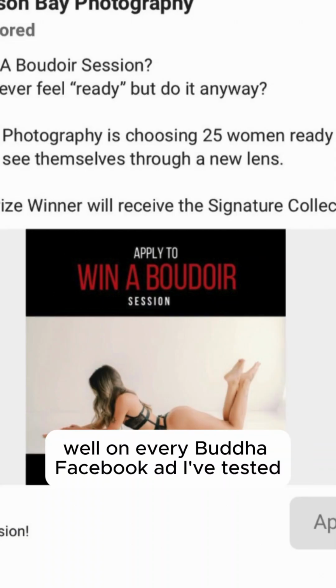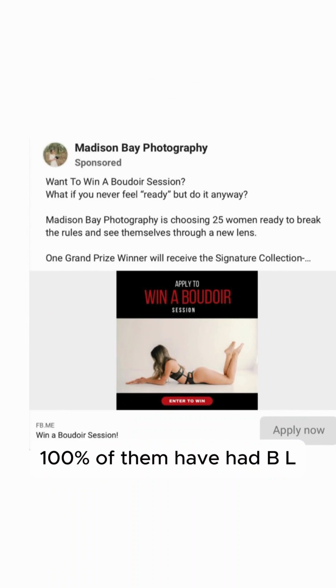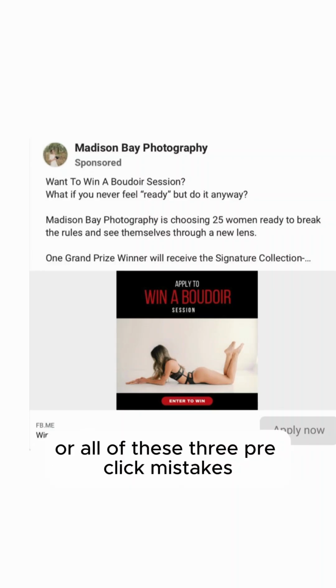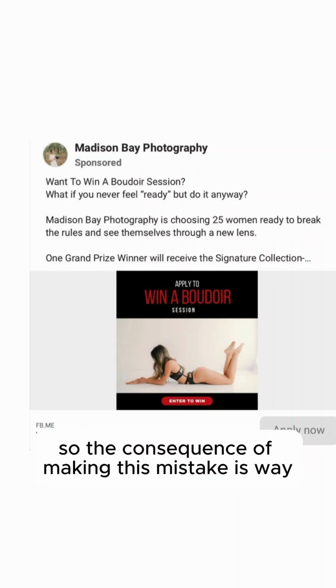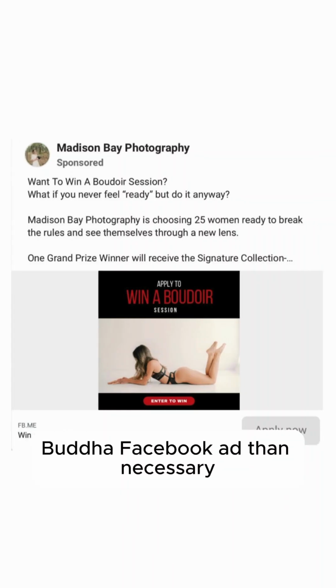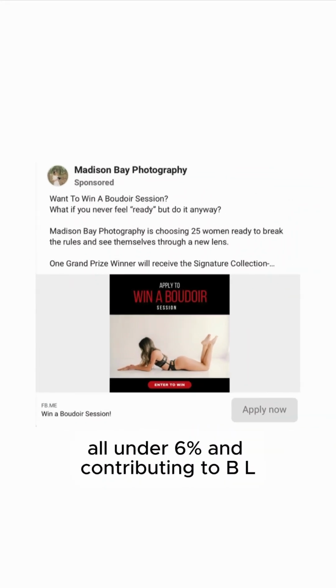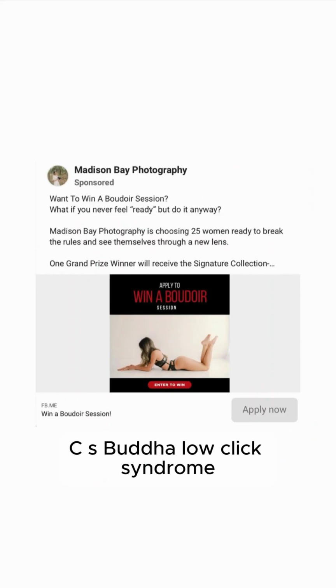Well, in every boudoir Facebook ad I've tested and the backends I've looked at, 100% of them have had BLCS, boudoir low click syndrome, because they're making some or all of these three pre-click mistakes. So the consequence of making this mistake is way more women scrolling by our boudoir Facebook ads than necessary, pulling our unique CTR under 6% and contributing to BLCS, boudoir low click syndrome.